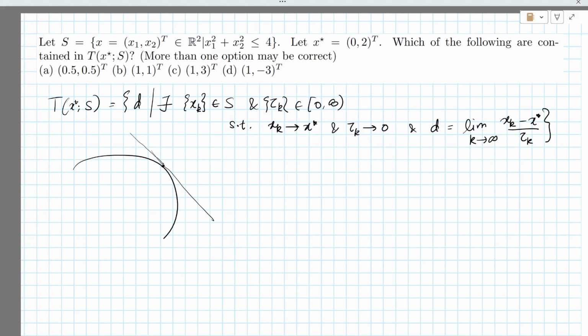The tangent at x star with respect to S will be the directions in this way.